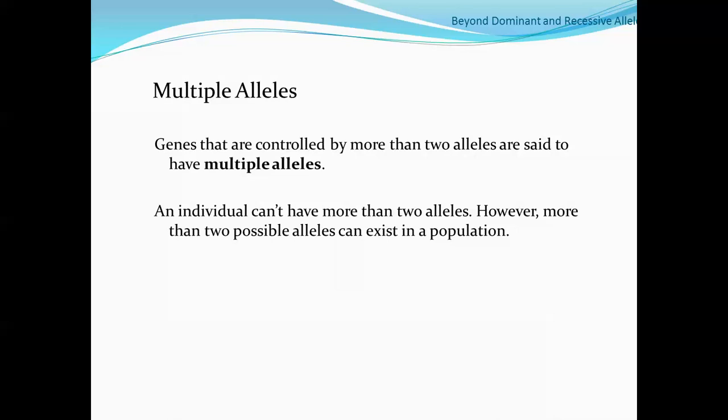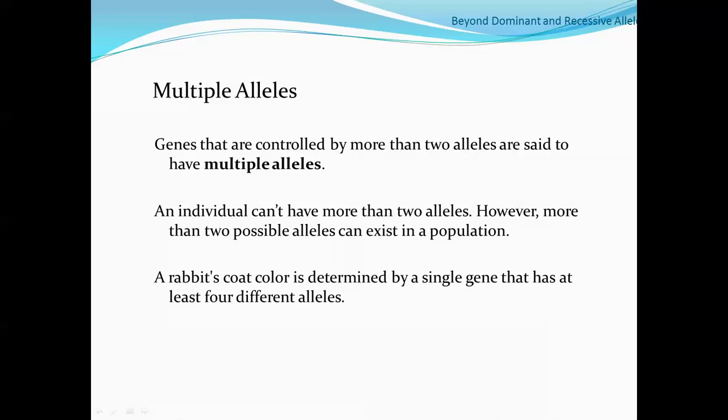However, more than two possible alleles can exist in a population. What that means is that I may have two separate alleles for one gene, but you might have two completely different alleles on the same gene. Between individuals the alleles can change, but within one person they will always be two alleles.